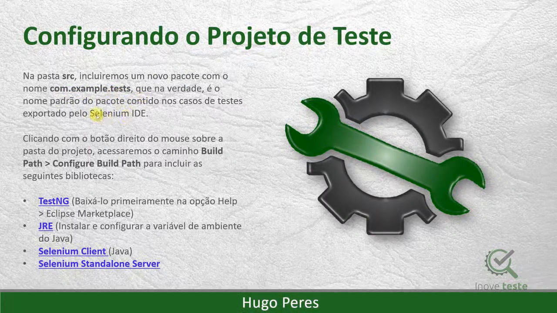Why is that? Because this is the default package that is referenced in our exported scripts. If a package with a different name is created, a reference error will occur.